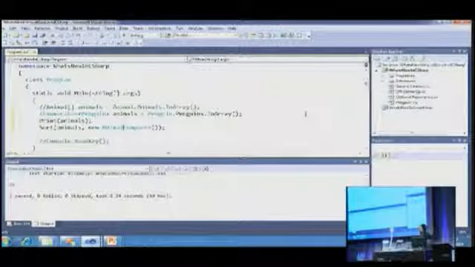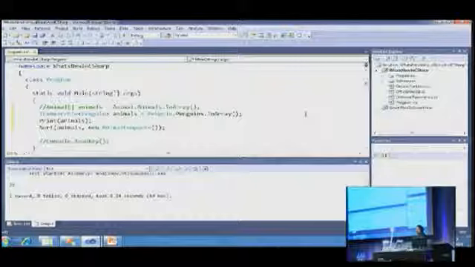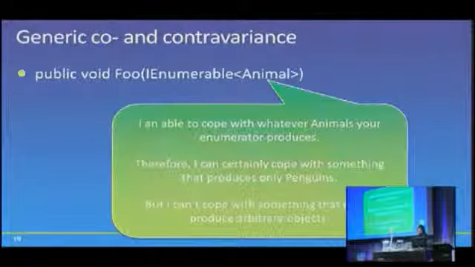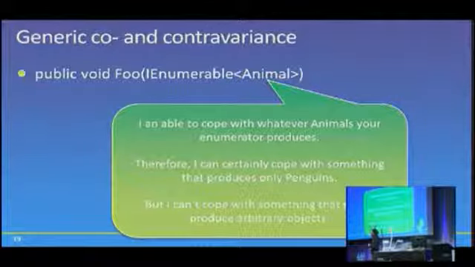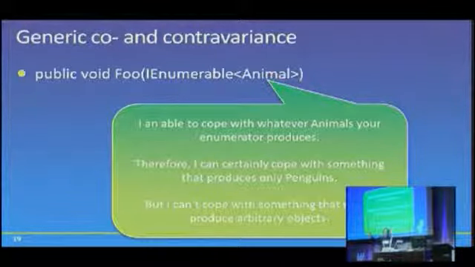The rule is when it's used as an output or an input. So let's see what the thought process of this method is. If it's taking an IEnumerable of animal, it only outputs animals. The animal type, the generic type parameter, only appears in the output position of the IEnumerable signature.